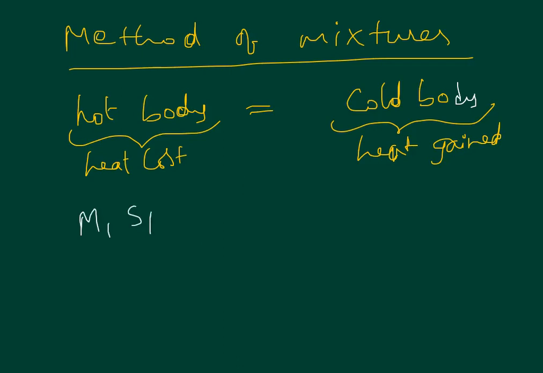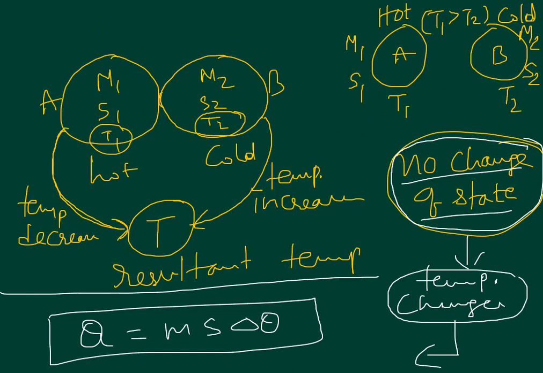Observe carefully here: for the hot body it is M1 S1. Here T1 is the high temperature and T is the low temperature. So for the temperature difference, I take high temperature minus low temperature. Among T1 and T, no doubt T1 is the high temperature, because when the hot body and cold body are in contact, heat transfers from hot to cold and the hot body loses some temperature.